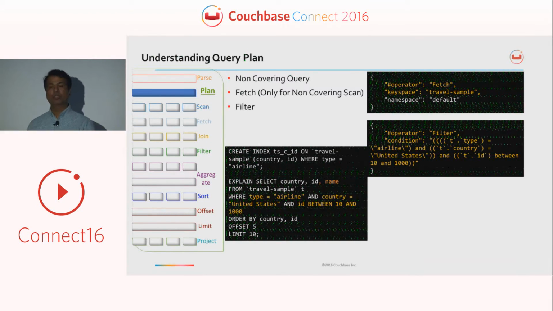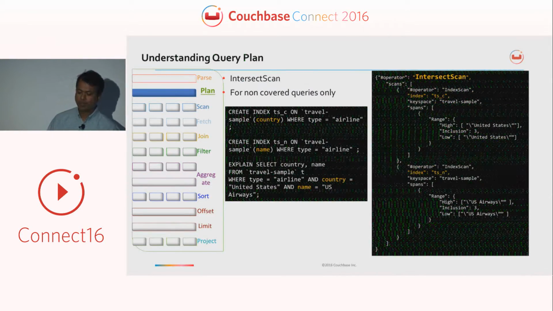If we have to go to the data service, we fetch the data and apply the predicates again, because in Couchbase, the index is maintained asynchronously. That means the index is a little bit behind the data. So between the time we fetch the data from the index and we fetch the data from the data service, there could be modification to the data. So we apply the predicates again to ensure you do not get any data that doesn't qualify your predicates. Okay.